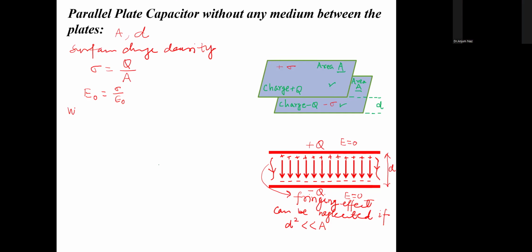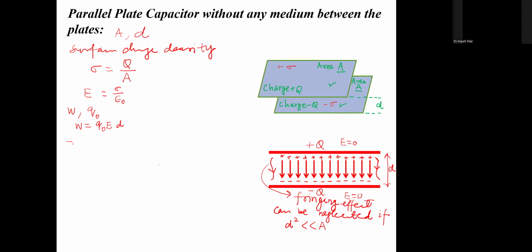If W amount of work is done in taking a charge q naught from the upper plate to the lower plate, then W is force times distance. The field is E, so the force is q naught E, and the distance is d. If a positive charge q naught is taken from the upper plate to the lower plate, the work done is q naught E d.